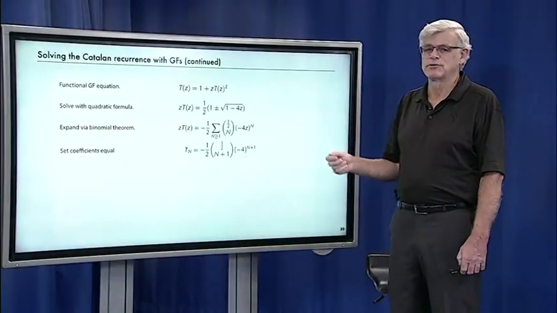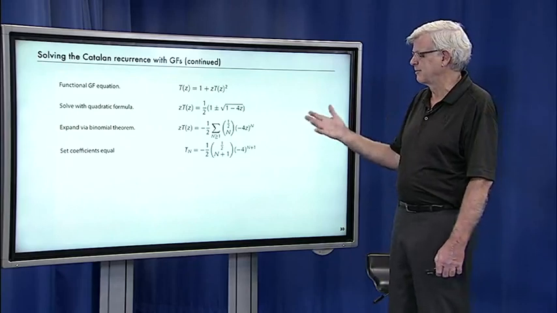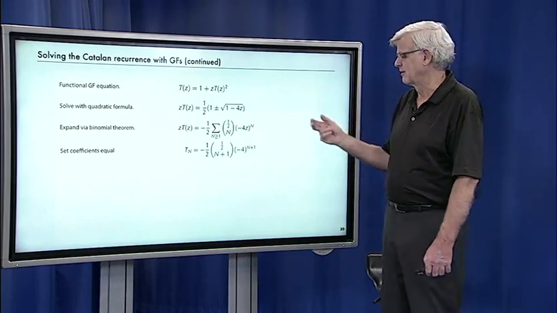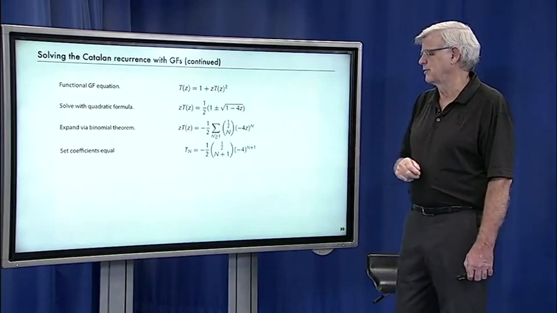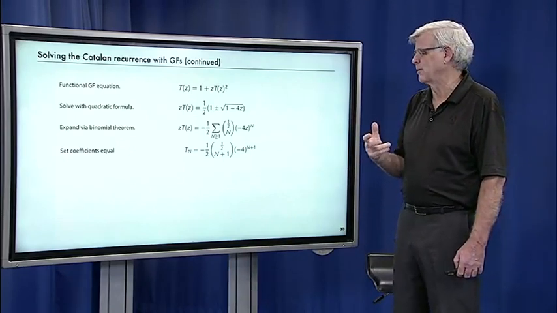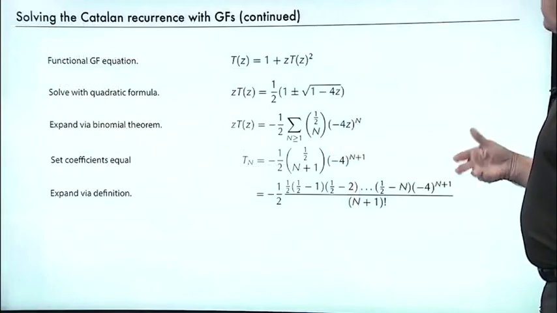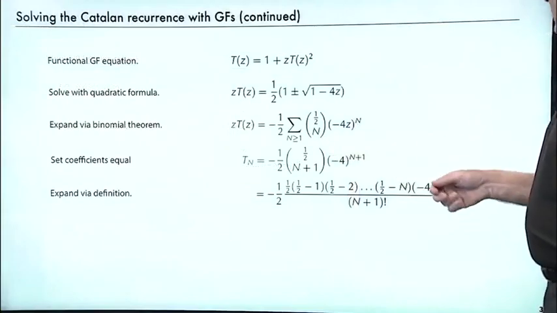And actually next time we'll talk about a much better way to continue to manipulate it to get really a concise representation. But let's just do a little more algebra to get this in more of a form that people can relate to.